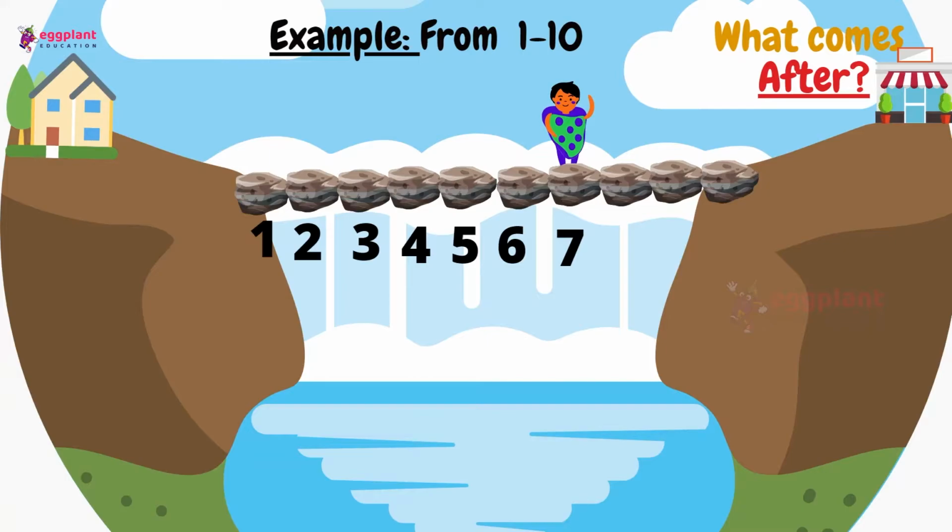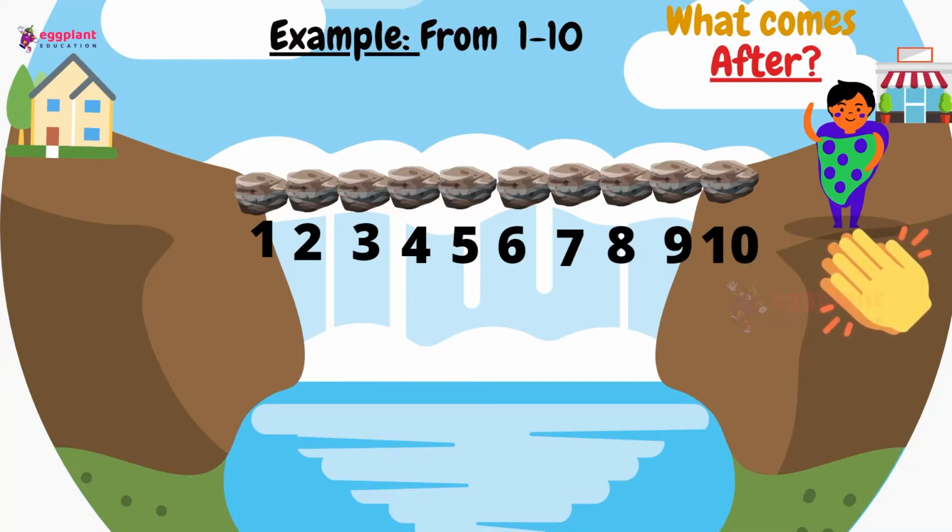So what comes after 7? Can anyone tell? Yes, it's 8. And what comes next after 8? Yes, it's 9. And after 9? Correct, it's 10. Good job. Keep it up. So, you saw what comes after.